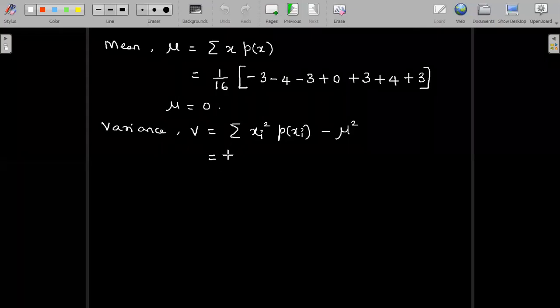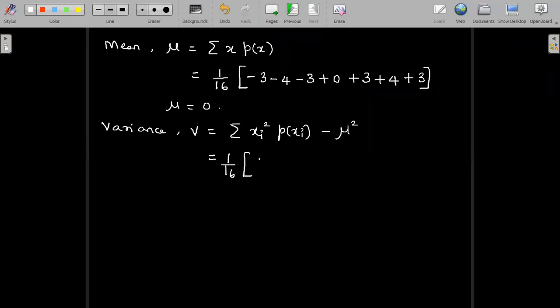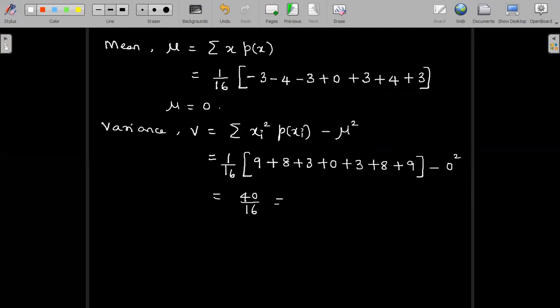So again, I can write down that 1 by 16 common outside and write down xi square into p of xi. So it can be 9 plus 8 plus 3 plus 0 plus 3 plus 8 plus 9 minus mu square. Mu square is 0. So this gives us 40 divided by 16, which is same as writing 5 by 2. To the simplest fraction, this goes to 5 by 2.